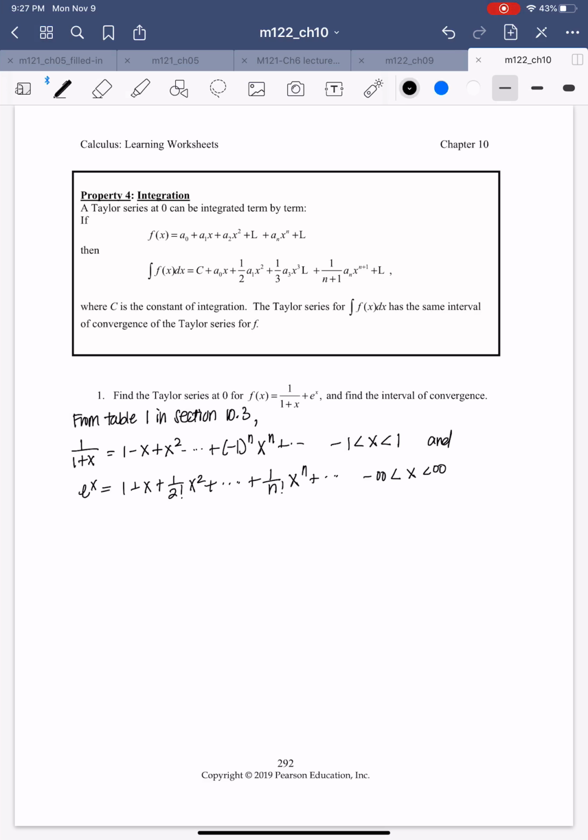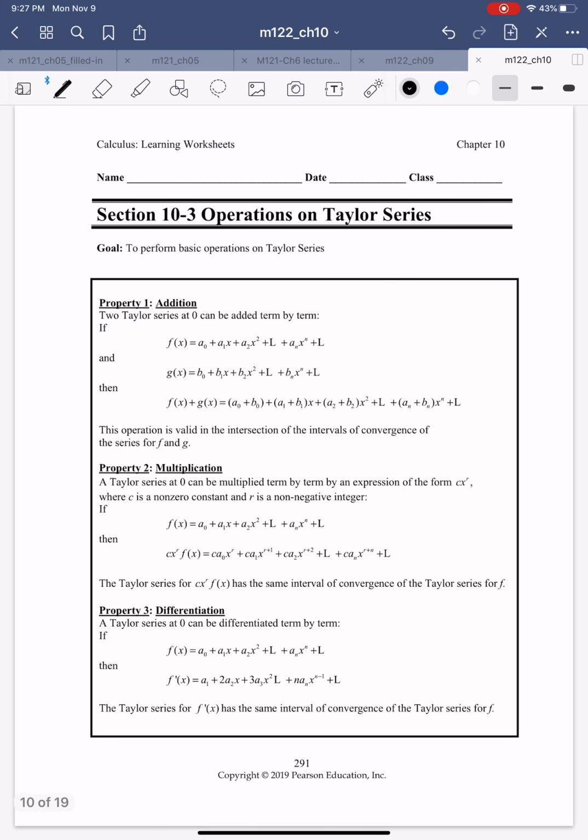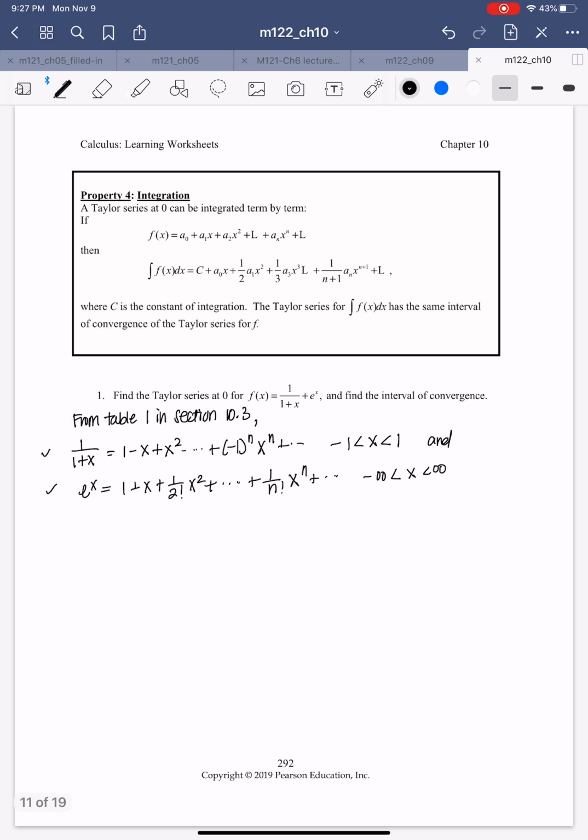All right, so your f of x is just a combination of these two. Property number 1, I can combine them by adding term by term. So your f of x, which is 1 over 1 plus x plus e to the x. So let's add term by term.